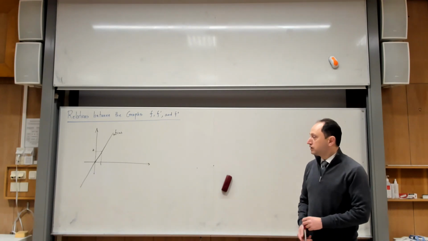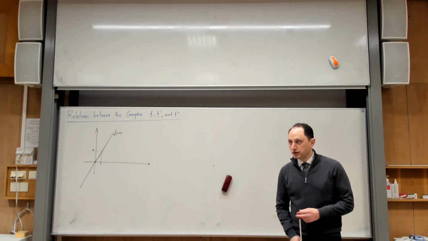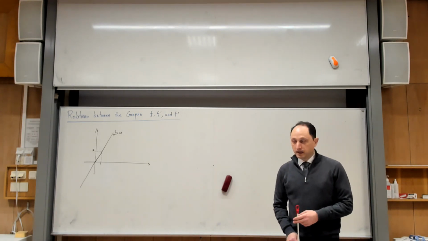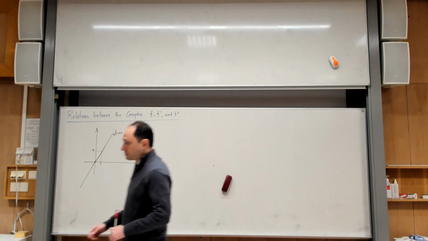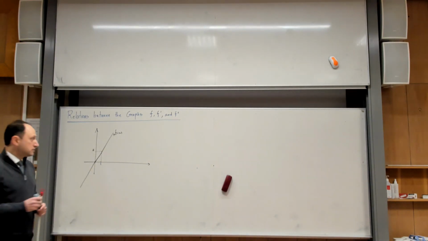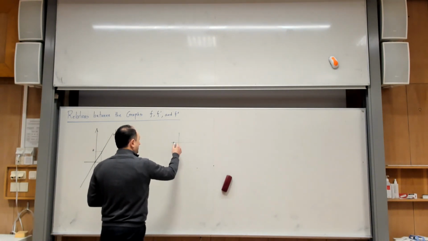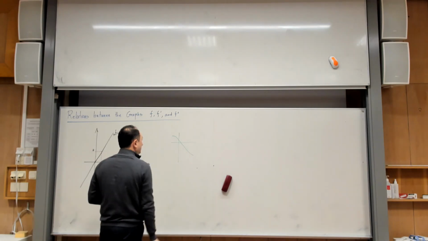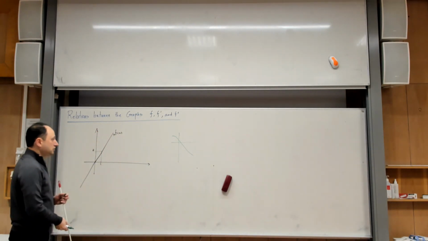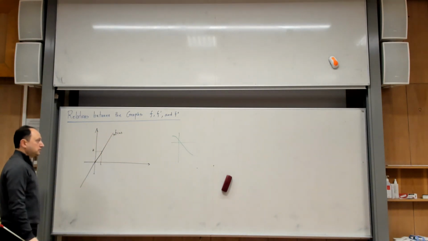This function is all the time increasing, so its derivative should be positive. So it means that you do not expect something like this. So if I say that this is the graph of the derivative, you immediately say that no, this is not possible.